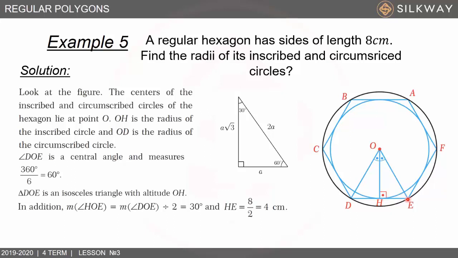HE is equal to 4, so a is equal to 4, and OH will be equal to a multiplied by root 3. So 4 multiplied by root 3 will be OH, and OH is the radius of the inscribed circle. Here OE will be 2a. We know a is equal to 4. 2 multiplied by 4 will be 8. From that, the radius of the circumscribed circle will be 8 centimeters.